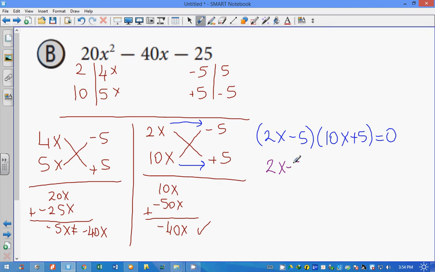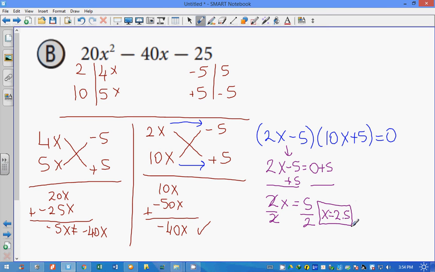2x minus 5 equal to 0. So we have to add 5 on both sides. So 2x is going to be 5. And divided by 2, x will be 2.5. This is one of the x values.